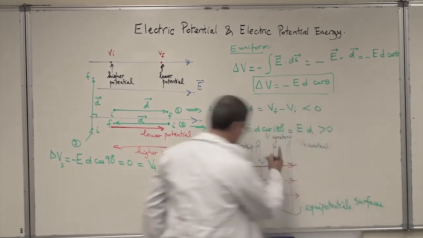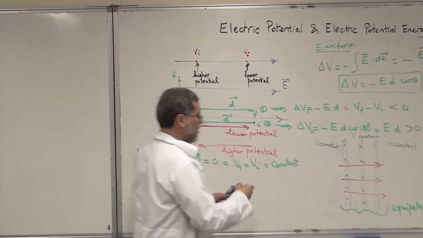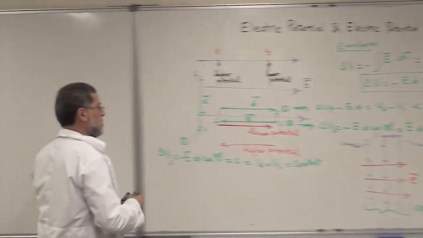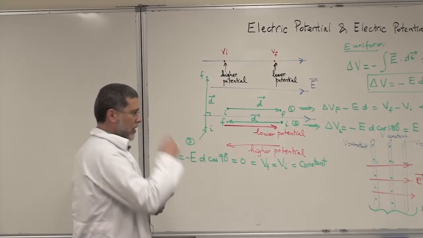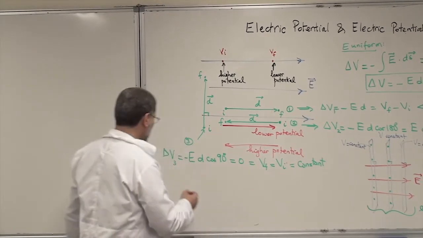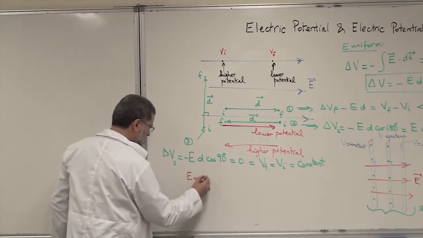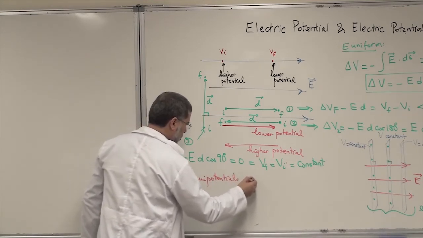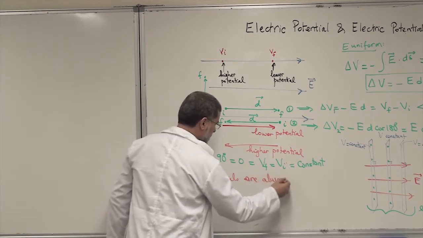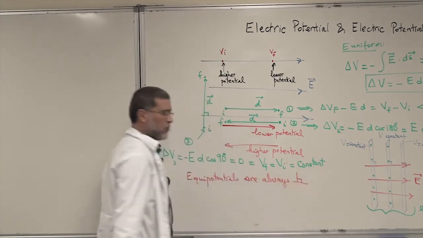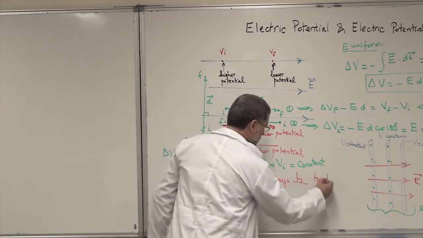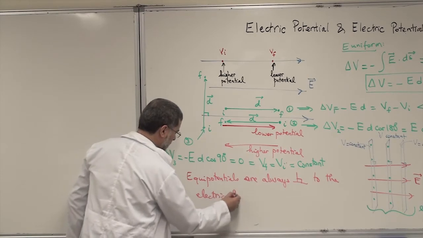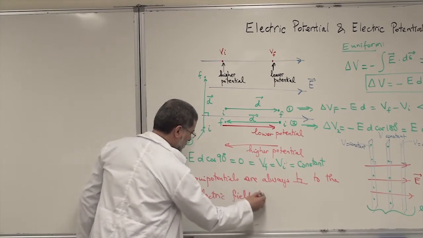For the case where the electric field is, this is the electric field, by the way, the red arrows here represent the electric field lines. So the equipotentials are always, let's write down here, perpendicular, I hope you understand this notation here, perpendicular to the electric field lines, okay?